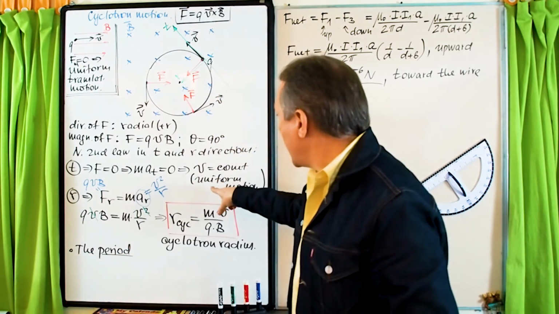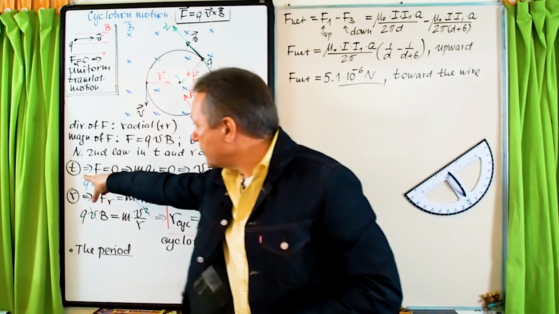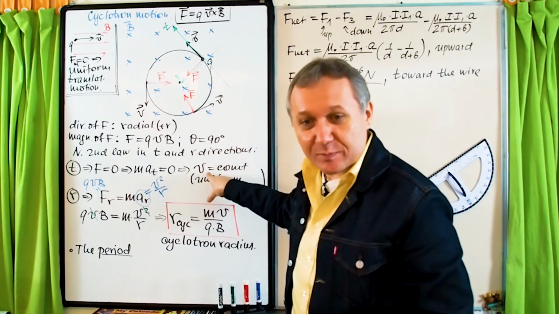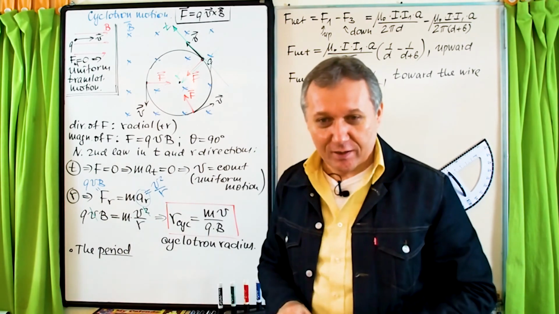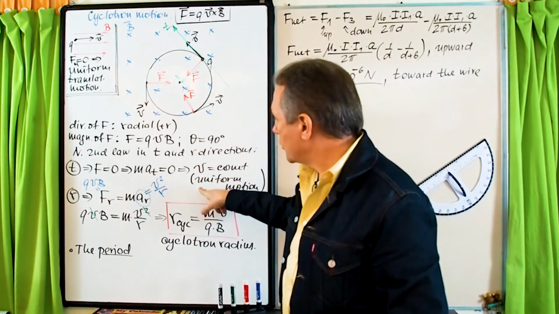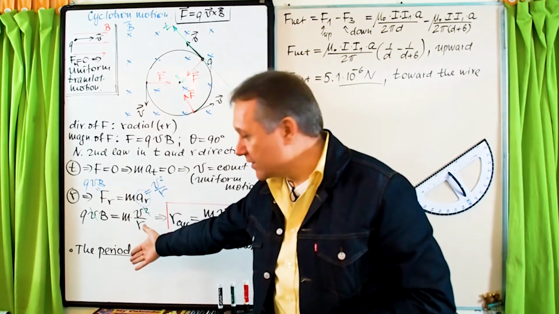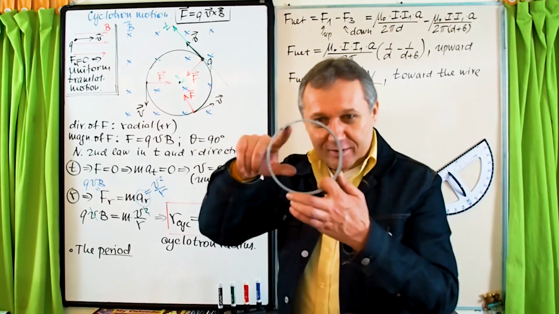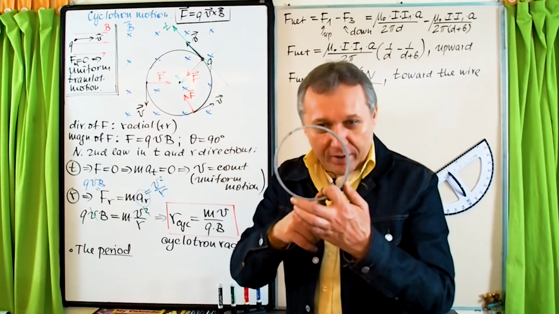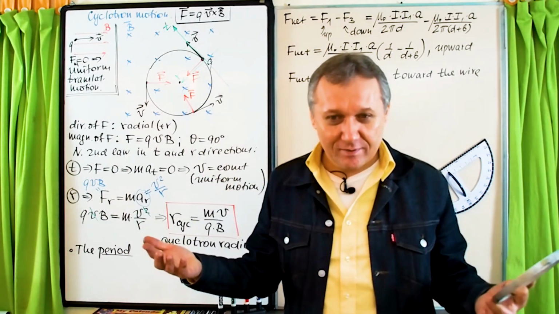From the tangential direction, we found that the speed of this particle is constant. We have uniform motion, and then we added circular, so it's a uniform circular motion. So how can we find the travel time over one circle? Distance, which is the circumference, 2 pi r, divided by this speed.